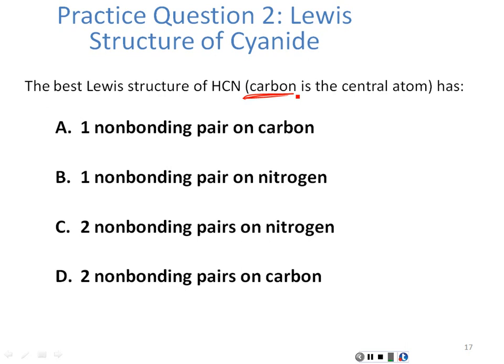If you remember the steps, we need to first calculate the number of electrons we have. We have 4 from carbon, 5 from nitrogen, total of 10. We put the atom with the highest binding capacity in the center, the other 2 around it. We start with single bonds.